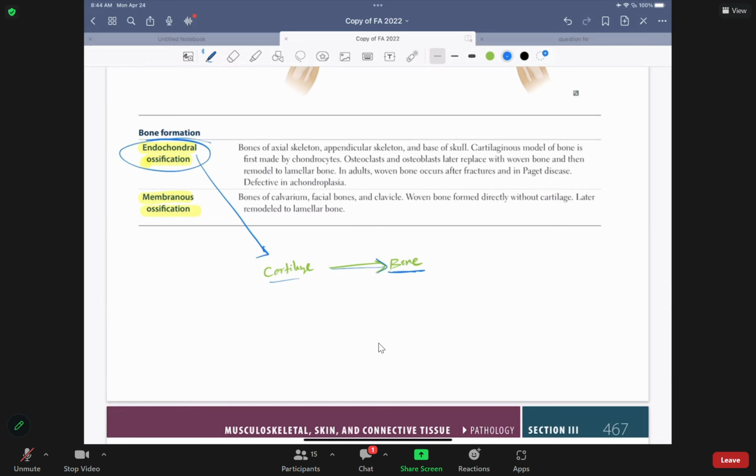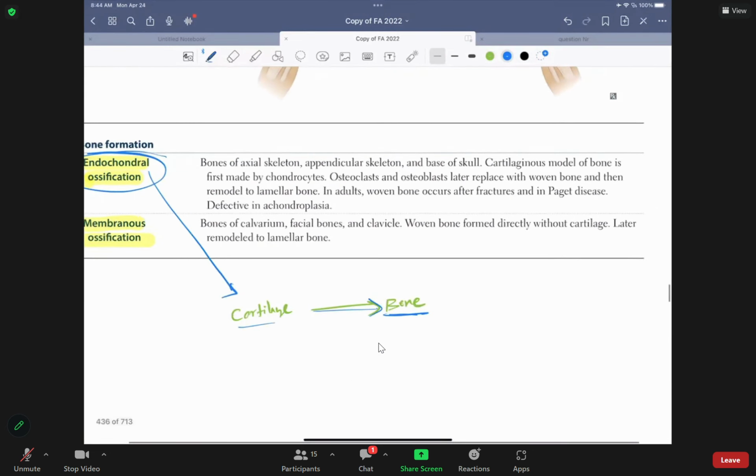That's important. Now you can see here, the cartilaginous model of bone is first made by chondrocytes. Chondrocytes are the cells that make the cartilage. Then osteoclasts and osteoblasts later replace it with bone and then remodel it into lamellar bone. You see how it changes.